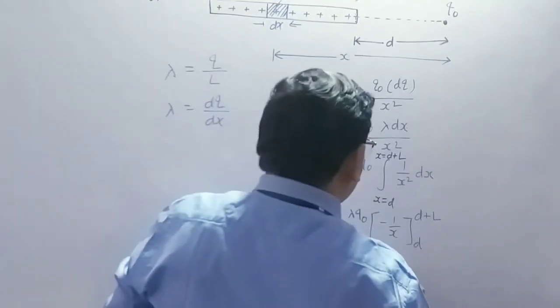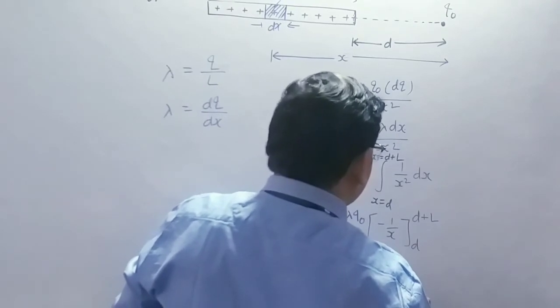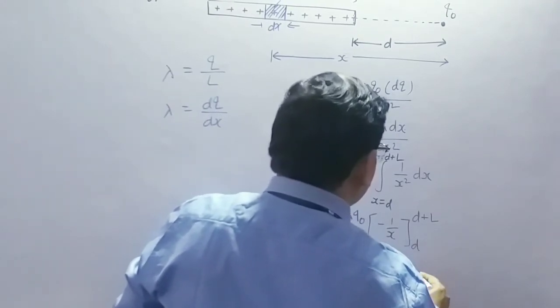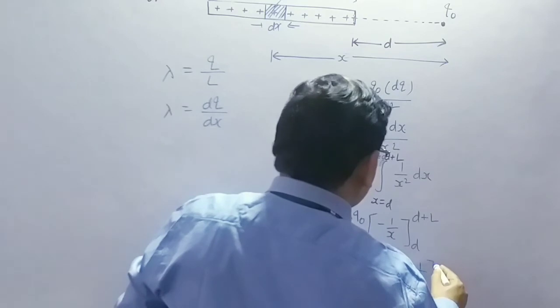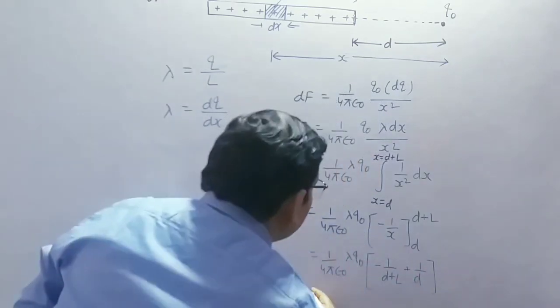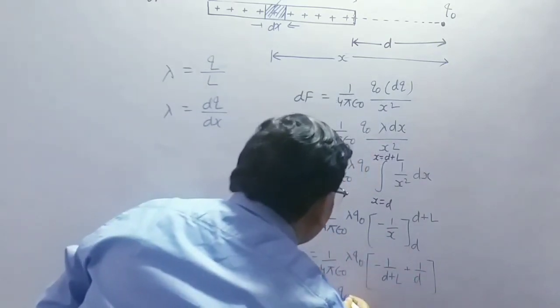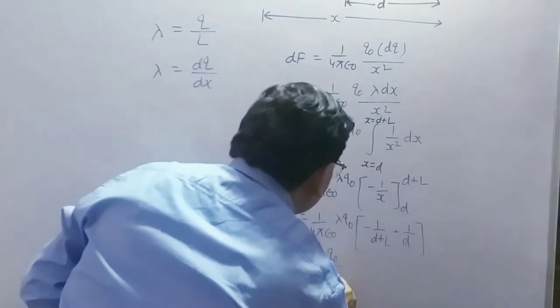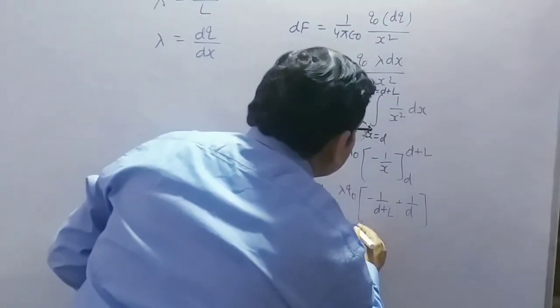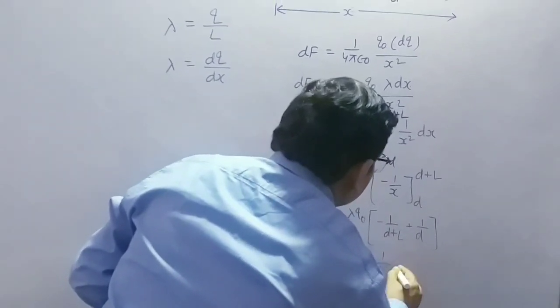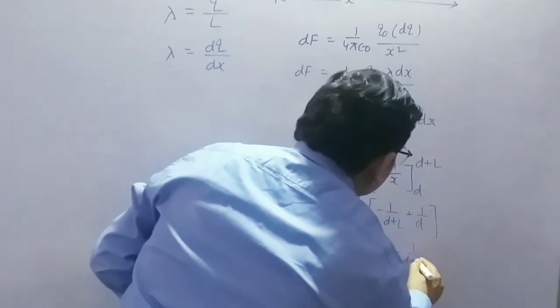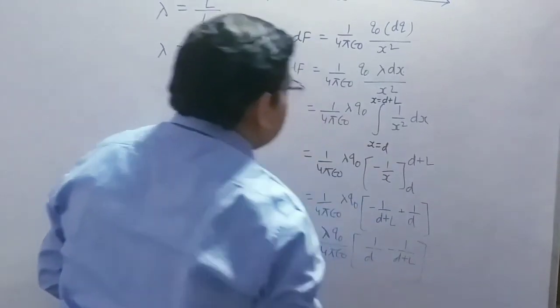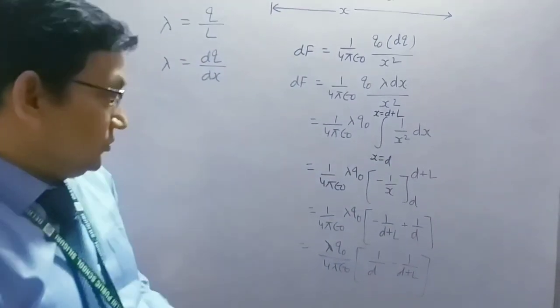Minus 1 by d plus L, minus minus plus. So finally we have lambda q naught by 4 pi epsilon, into 1 by d minus 1 by d plus L. That is the application of linear charge distribution.